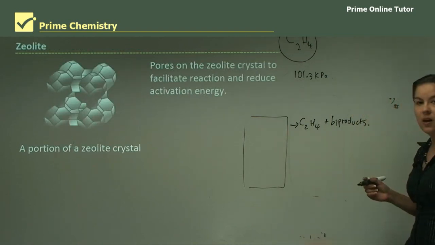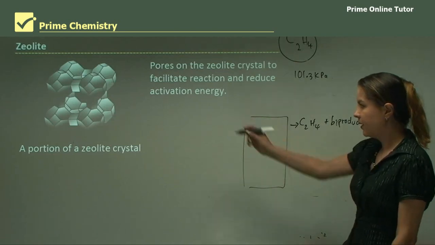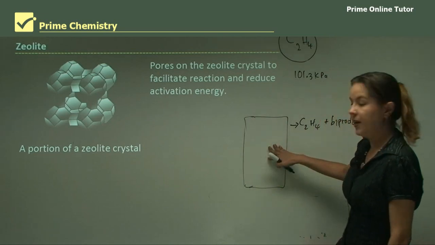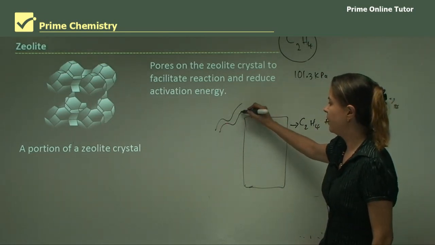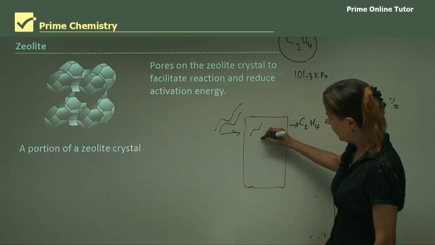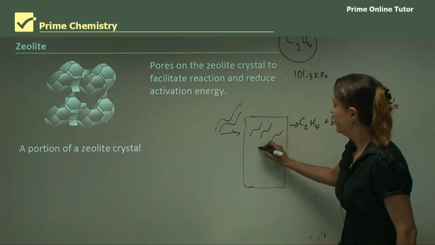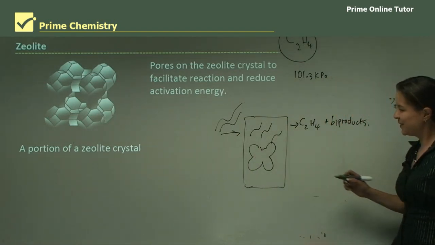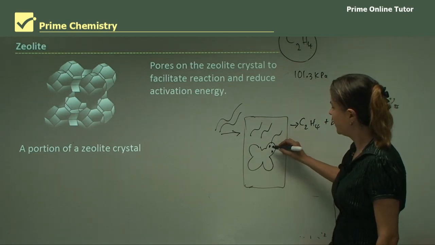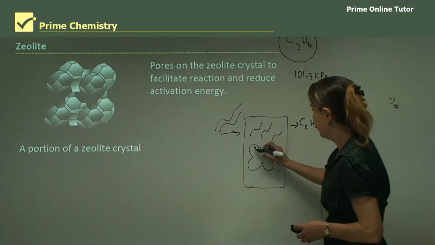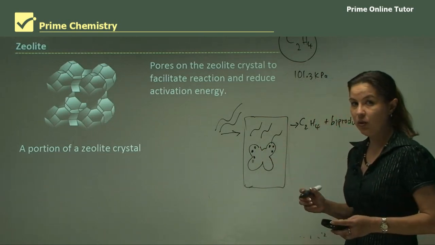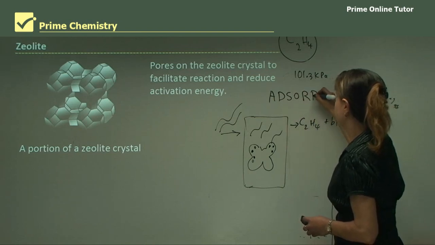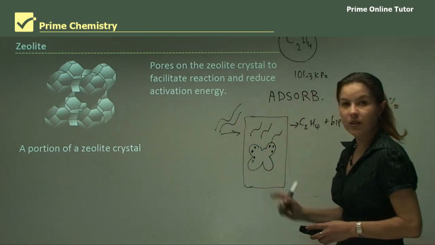Now, looking at zeolite, our catalyst, this is quite important. As I said, it's an inorganic crystal, and if we imagine our reaction vessel again, we've got our longer chains coming into the reaction vessel. So in they go, and here is our zeolite catalyst, a very large drawing of a zeolite catalyst. On the outside of the zeolite crystal, it has pores. These pores are able to adsorb, with a D, the reaction molecules.